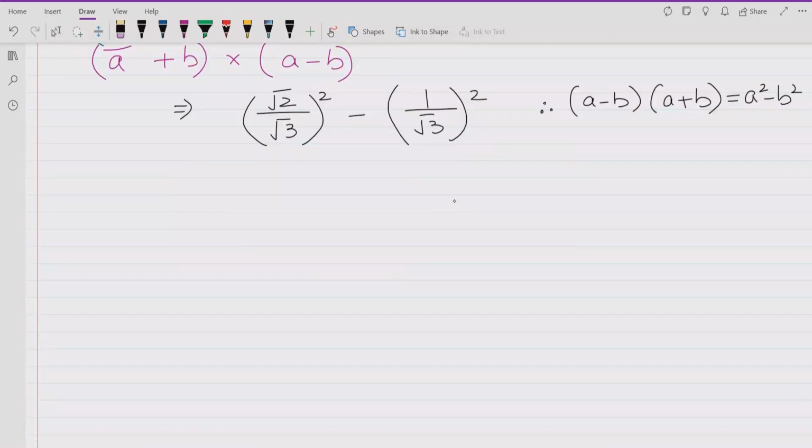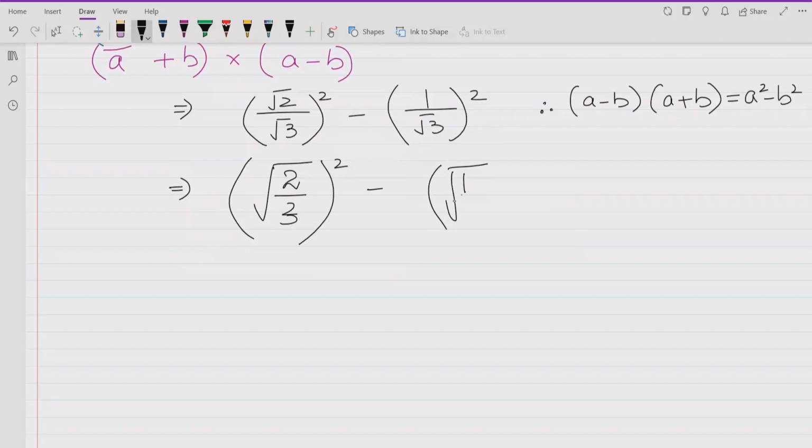Now we will simplify this one. Here we will apply the division of the third. What is division of the third? We make one root and write both numerator and denominator in the root, like this: root 2 upon 3 squared minus root 1 upon 3 squared. Now we can simplify this.